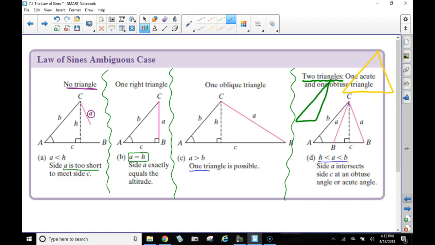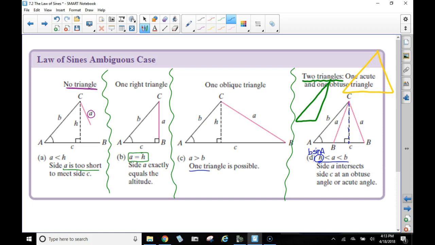The height we saw when we were talking about the area can be figured as b times the sine of angle A. That's what the problem said here. b times the sine of angle A, that's the same thing as the height. We could have two triangles that are possible.